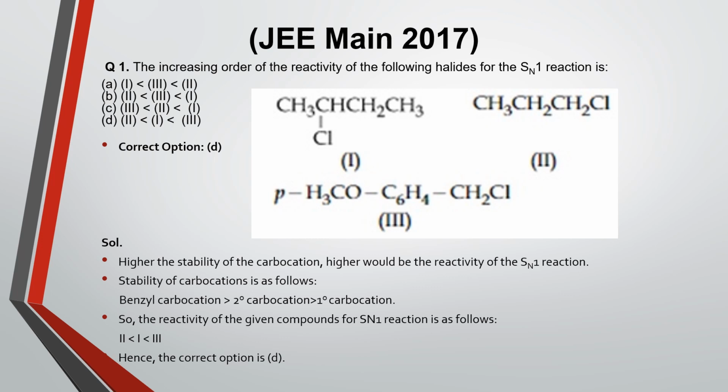So the reactivity of the given compounds for the SN1 reaction is: compound 3, the compound which produces benzyl carbocation, is more reactive as compared to compound 1, which will give you the secondary carbocation, and that is more reactive as compared to compound 2, which is a primary alkyl halide which produces primary carbocation.